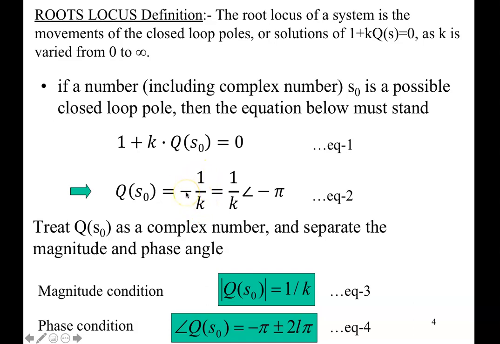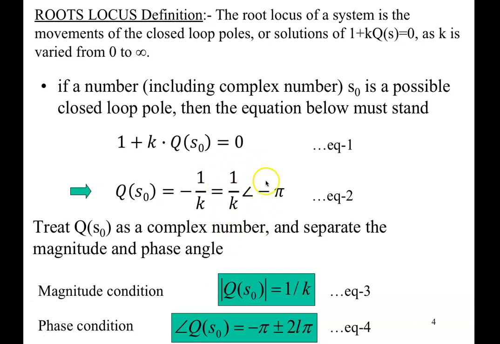Minus, in the complex plane, a real negative number means the magnitude is 1 over k, and the angle is either positive 180 degrees or minus 180 degrees, or in radians, minus pi or plus pi. Minus pi and plus pi are the same thing, they point in the same direction. Let's just say it's minus pi for the time being.